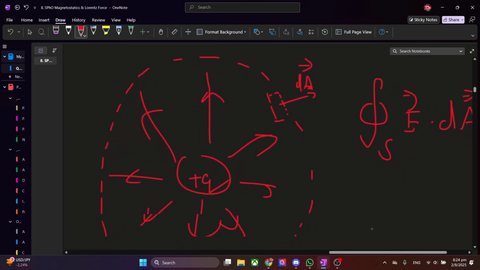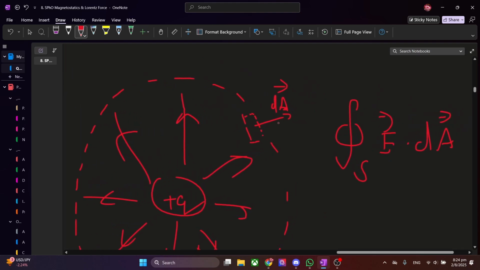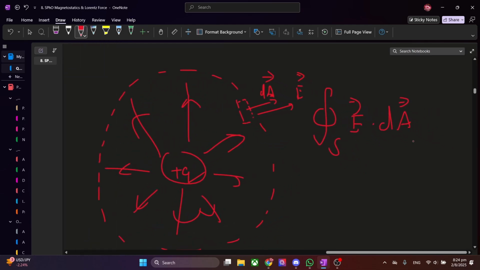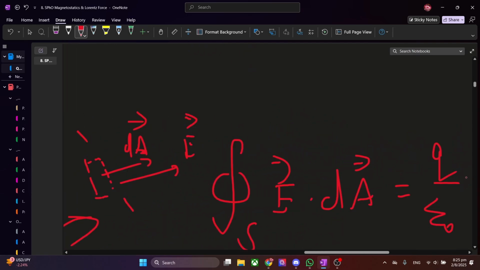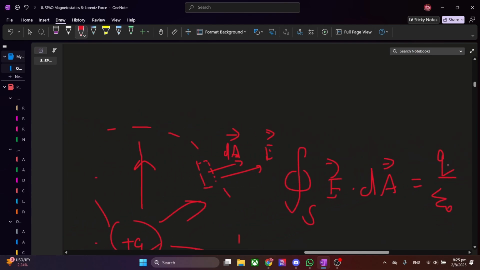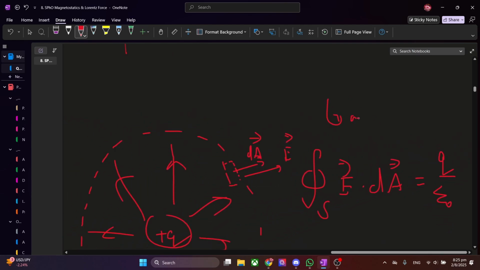So that's the area vector, and you take it and dot product it with the electric field, which for this charge is also pointing in the same direction. Gauss's law for electricity says that this integral is equal to Q over epsilon naught, where epsilon naught is the permittivity of free space. So this is your Gauss's law for electricity.